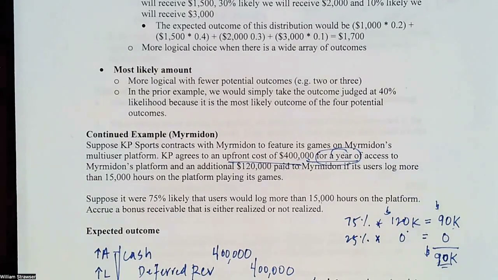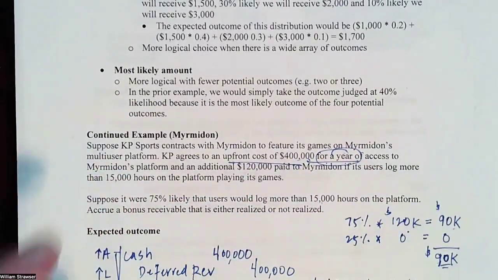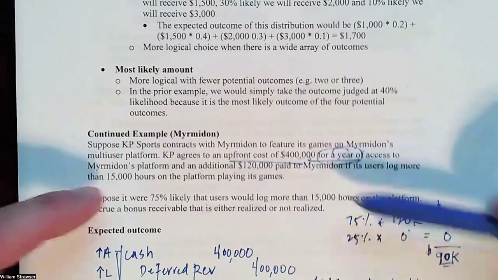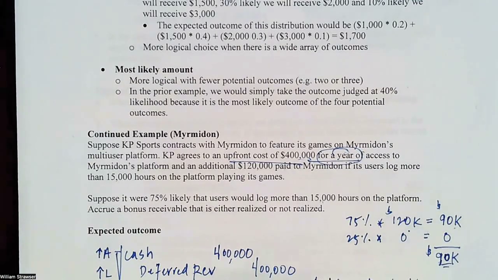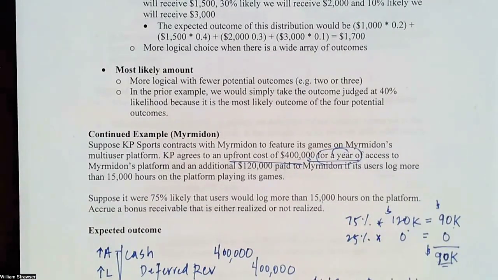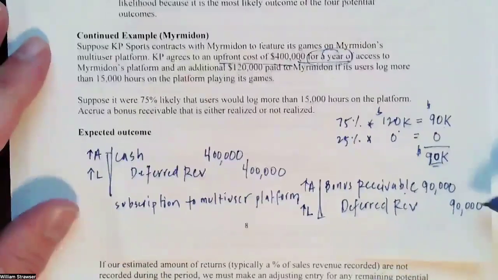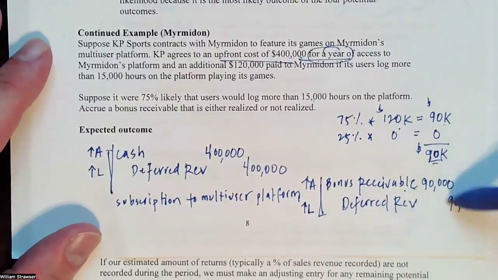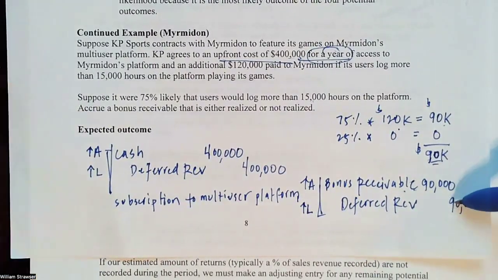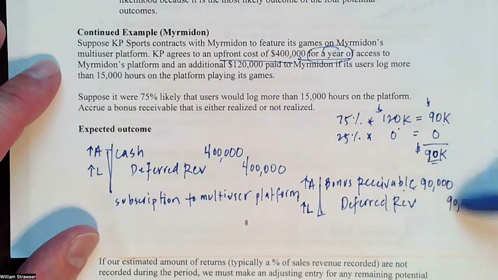Maybe it was going to be that we have 6 months to log 15,000 hours on the platform, or maybe it was the full year. Who knows, right? If that's the case, then we would want to record that bonus receivable at the outset if we had some expectation, right, which we do, of meeting that.